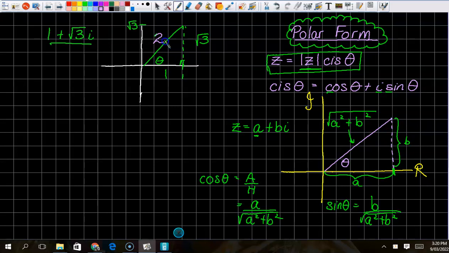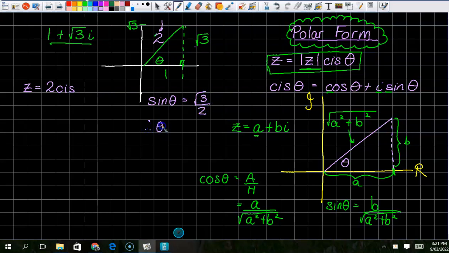We're happy with that? But to write it in polar form, cis theta, at the moment what we have is 2 cis. What is our angle? How do we get this angle? I'm glad you asked. Because they've given us the root 3 and the 1, we could use those, but because this is a lovely whole number, sine theta is root 3 on 2.